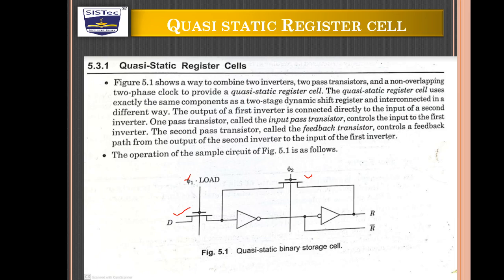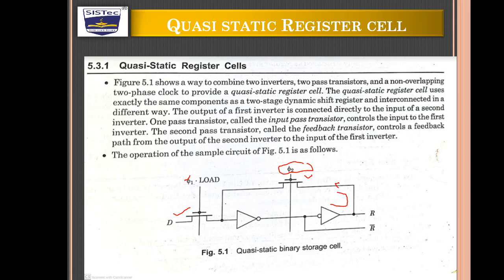Then we can say that during the phi 2 clock phase, the output of the second inverter is fed back to the input of the first inverter.